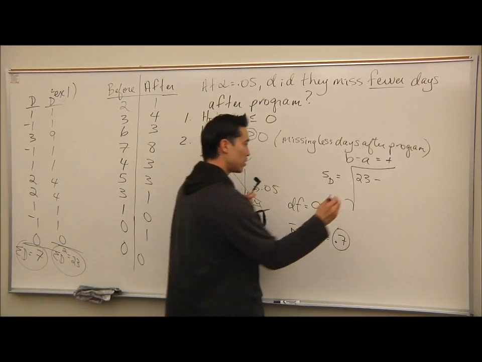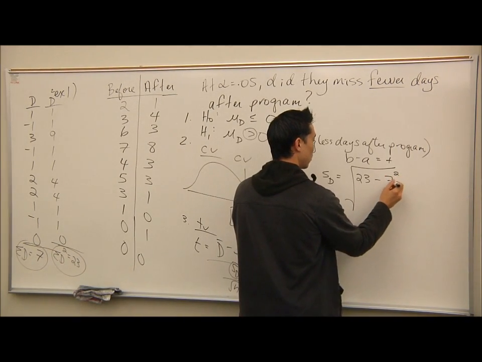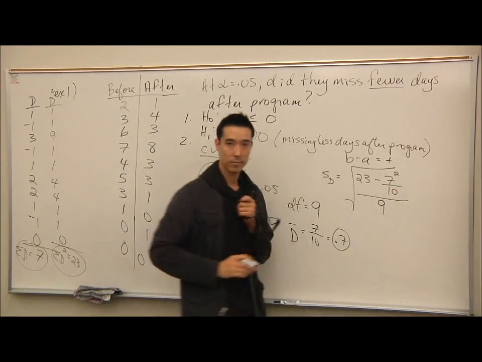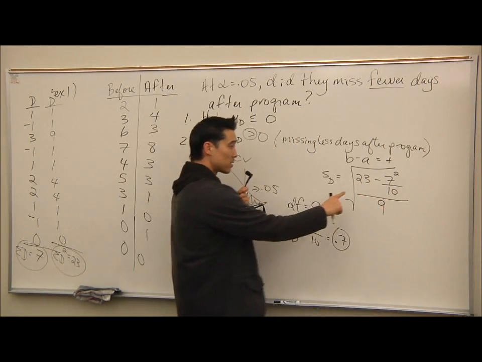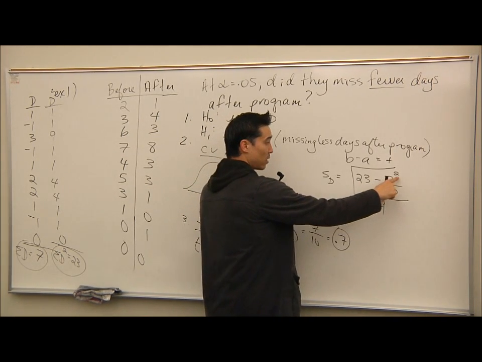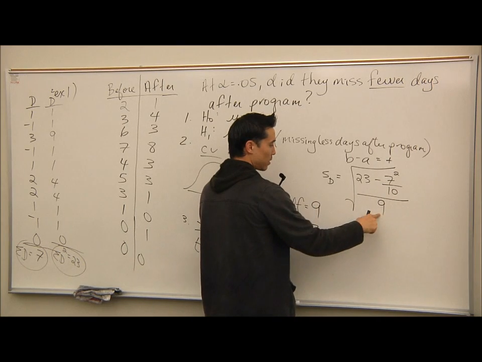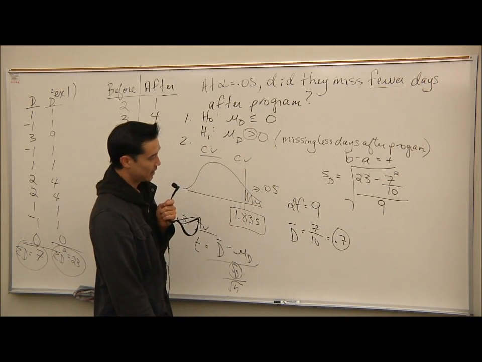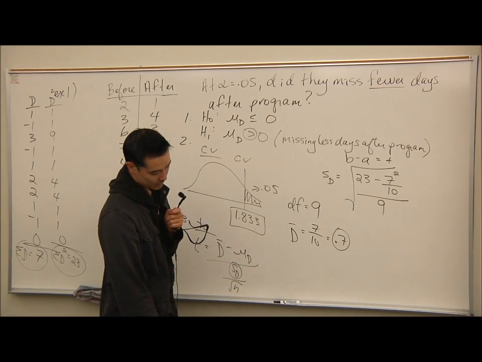So 7 squared over n, all over n minus 1. Okay, so I did that pretty quickly. Summation of the d squared minus summation of d, which is just 7, quantity squared, divided by 10, divided by 9. Okay?